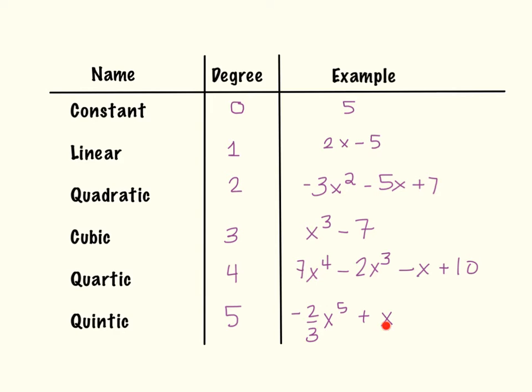This would also be a binomial, and this would be a polynomial. The other thing I don't want you to forget is that I can classify these by the number of terms and the degree. So for example, I would call this a quintic binomial.